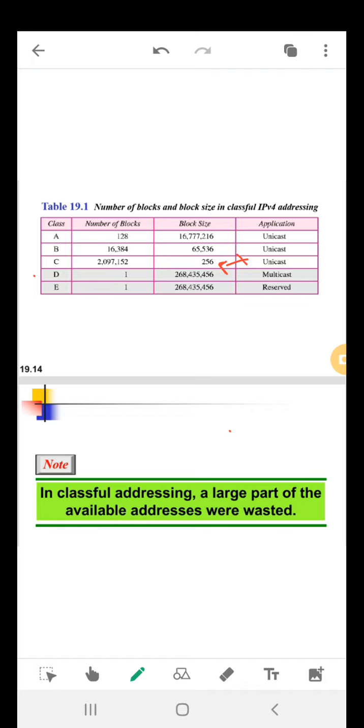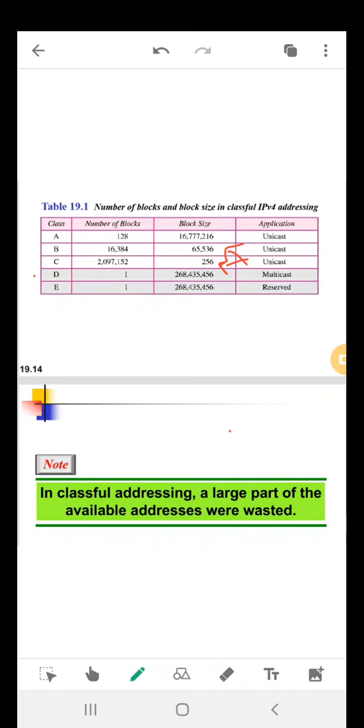So I'll be requesting for class B IP address, which can accommodate up to 65,536 devices. Now, most of the organizations will not have this many devices. Not even 65,536 devices.